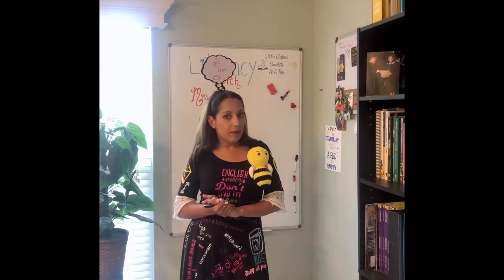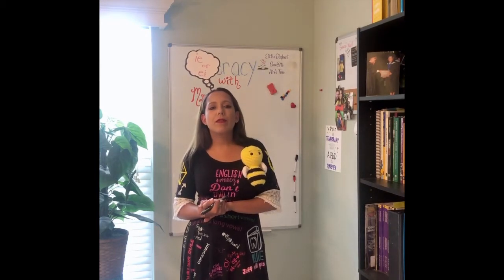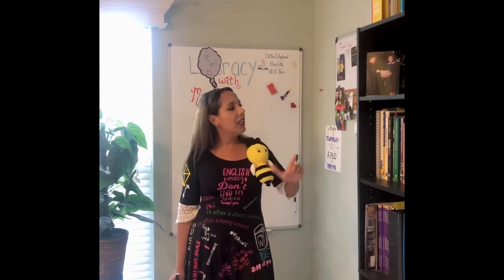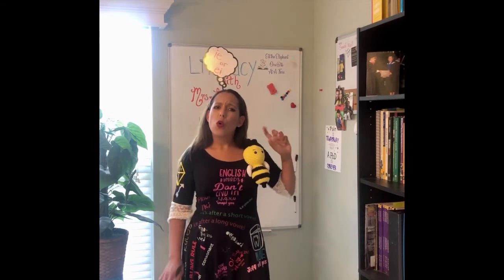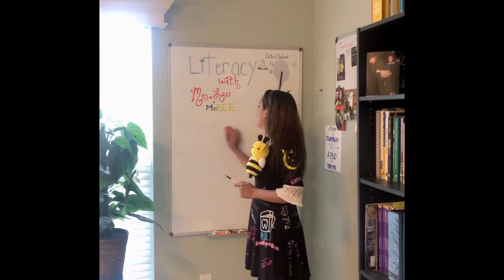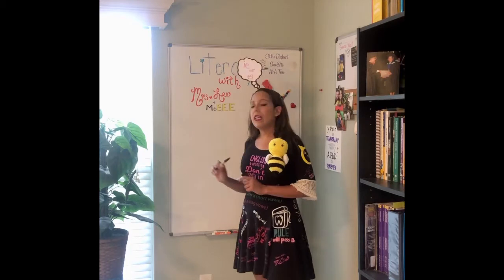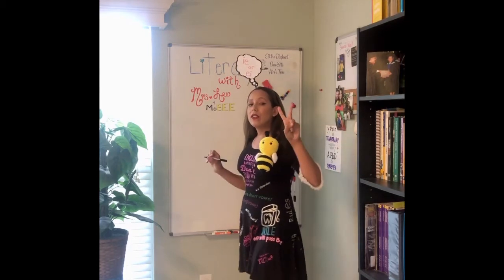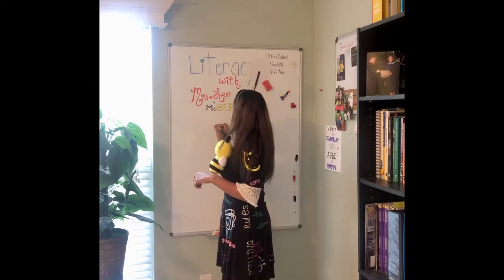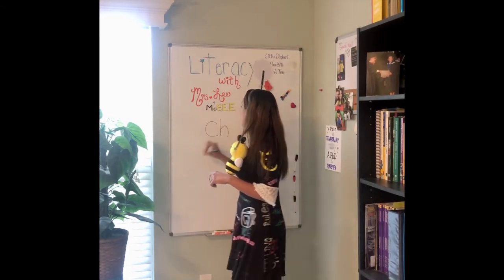Let's try another word. Let's try the word chief. Are you ready? Chief. Let's finger spell it. Tell me the phonemes of chief. Ch, E, F, chief. I wonder, how do you spell that E sound in the middle of the word chief? What two letters make that ch sound? Good. C-H. Ch.